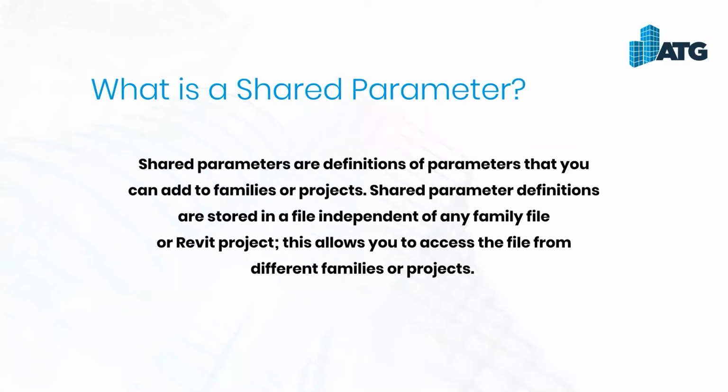A shared parameter file is something that is stored typically on a server location. Certain people may or may not have access to it. It is a very critical file for a company to have and to maintain.